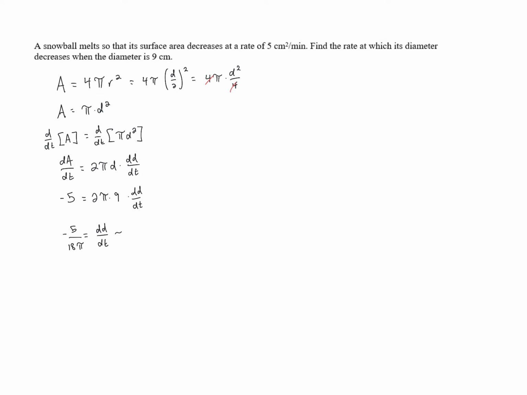And if we use a calculator to get an approximation, that's going to be -0.088. The diameter is decreasing, so that's going to be centimeters per minute. So it's decreasing at a rate of 0.088 centimeters per minute at that moment.